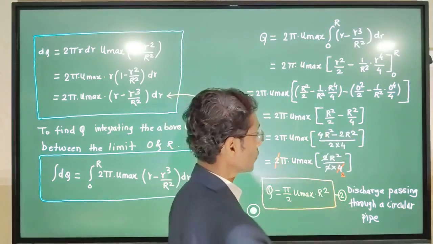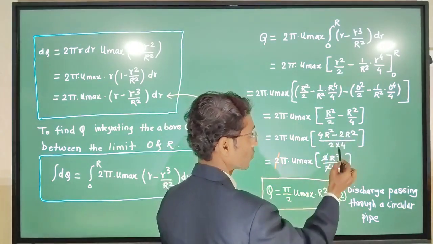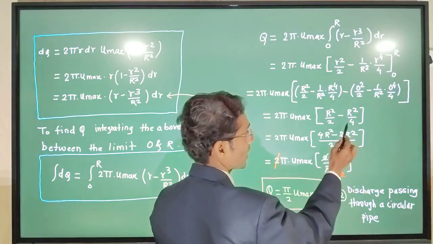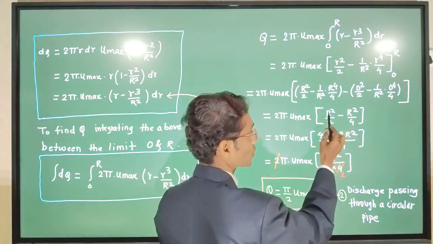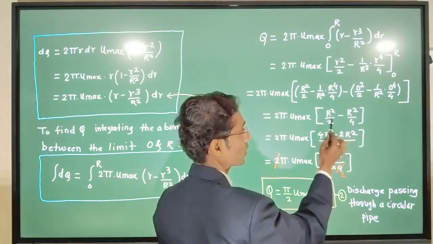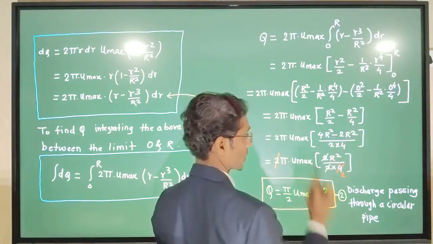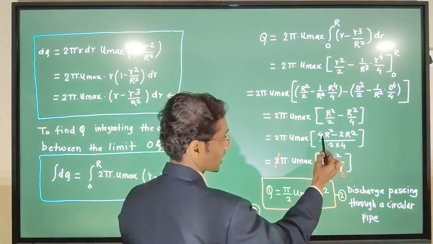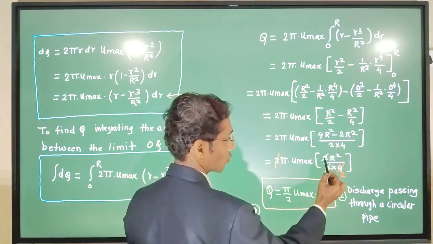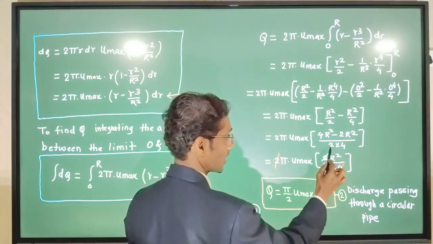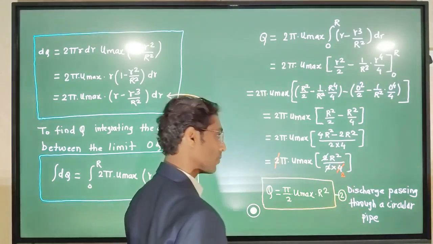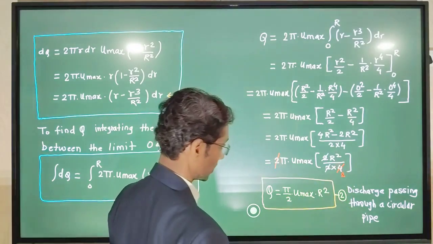In the LCM we take the product of 2 into 4 at the denominator, and cross multiplication at the numerator, that means 4 into capital R square minus 2 into capital R square. Then subtraction of 4 minus 2 gives 2 capital R square divided by 2 into 4. We keep it as it is for the further process.